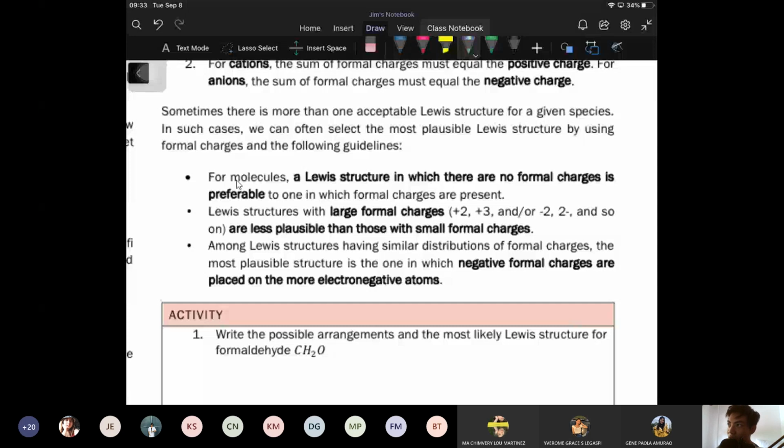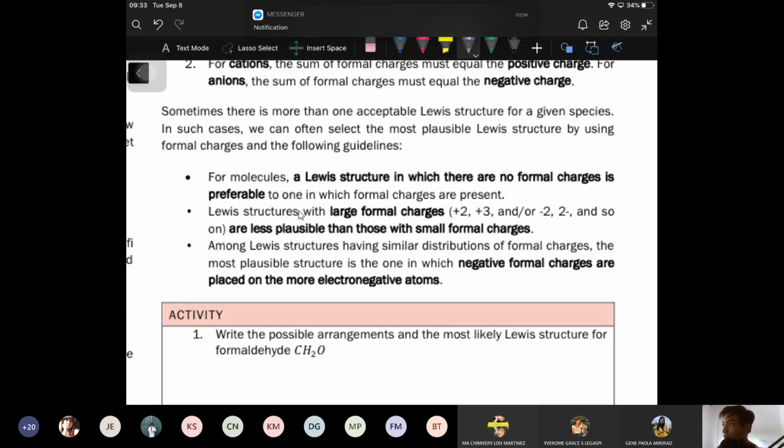It is like a pageant. Get their formal charges, it's like the Q&A. This is the first guideline. For molecules, a Lewis structure in which there are no formal charges is preferable. As much as possible, your molecule should not contain any charges.